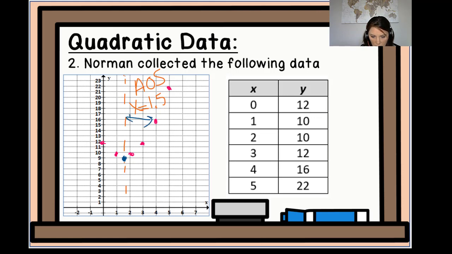So that's 2.5, and on the other side here, 2.5, that will put me at -1. So that's my symmetrical point. So that symmetrical point is at -1 and 16.